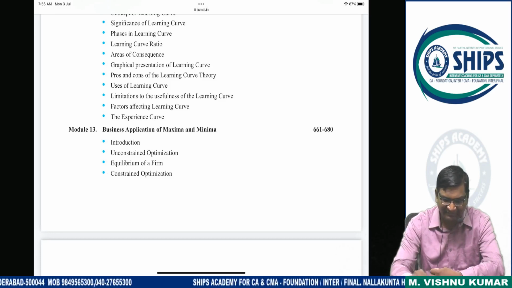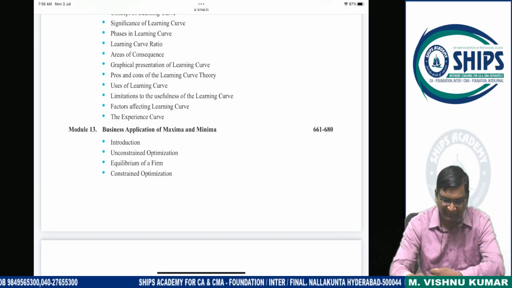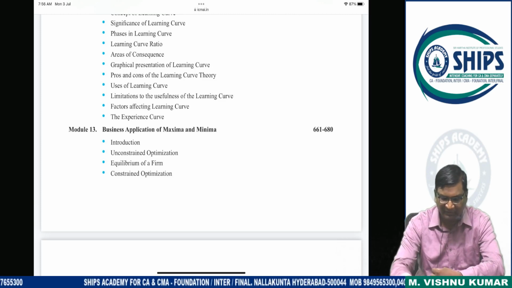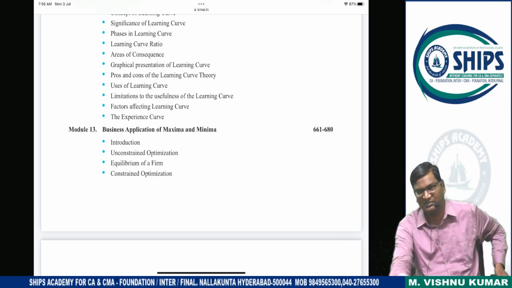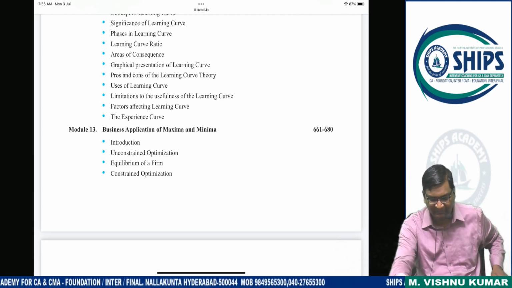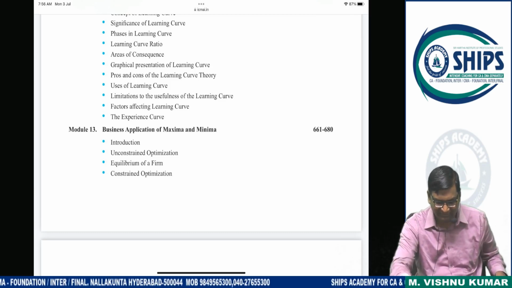Previously this was covered in the SPM paper. Now from SPM they removed this topic and they introduced it in the SCM paper. In this topic your differentiation will be tested. Calculus, differentiation: first order, second order, third order. Mostly three orders are used here. From that we have to decide the things.